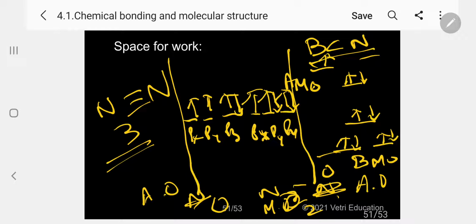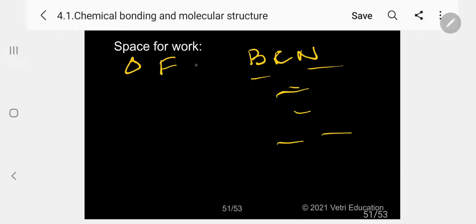Like this you have to follow. Kindly follow. I want to give a conclusion: it is not necessary to draw the diagram. In the case of boron, carbon, nitrogen, you follow this technique during filling up. In the case of oxygen, fluorine and neon, you can follow the technique like this.